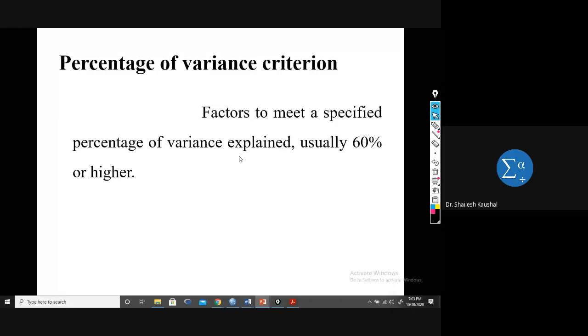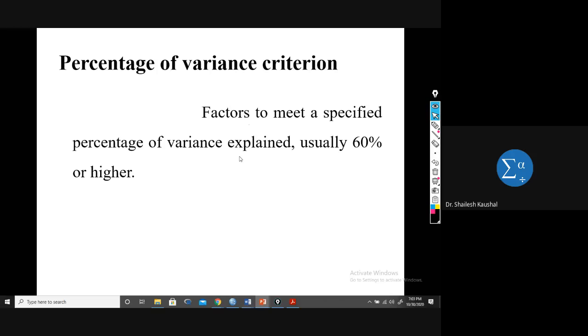But if you just want to use exploratory factor analysis, then whatever questions you are taking, you should give supporting documents that these 5 questions I have taken from this author, and these questions from that author, and I am applying this.